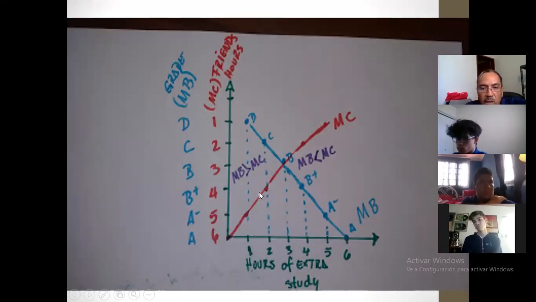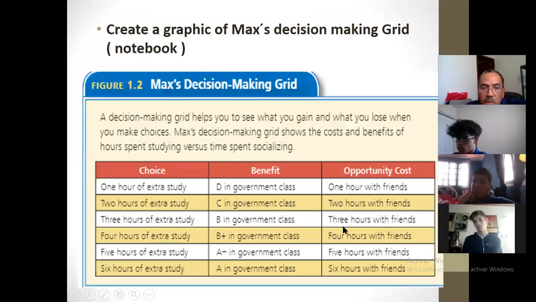The marginal cost always goes like this, and the marginal benefit always goes like this.